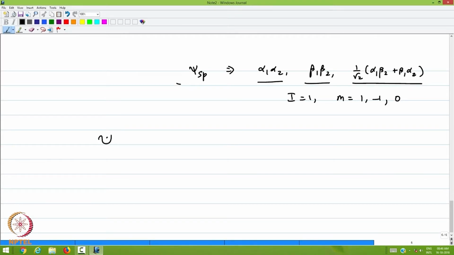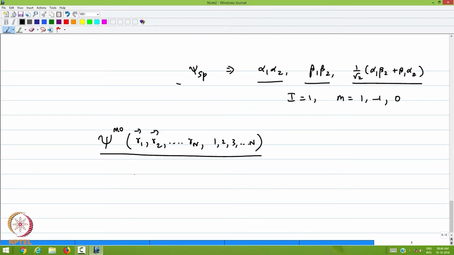So, if I write psi MO as the wave function due to n electrons, with spin coordinates 1 2 3 up to n, it should be the negative of psi MO if I interchange, for example, R2 and R1.